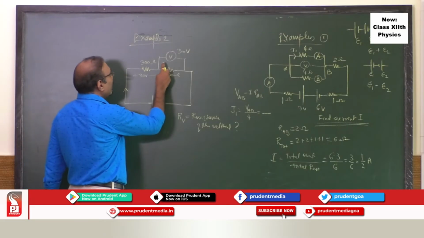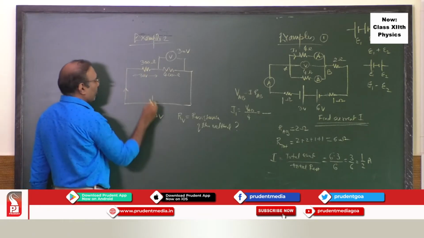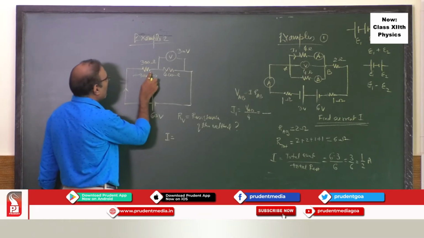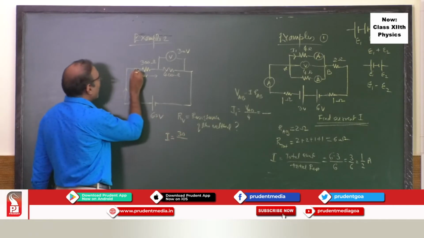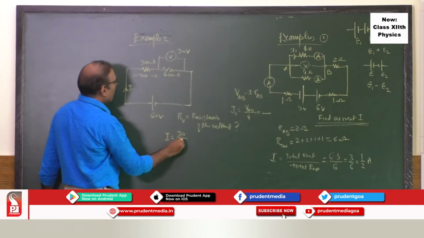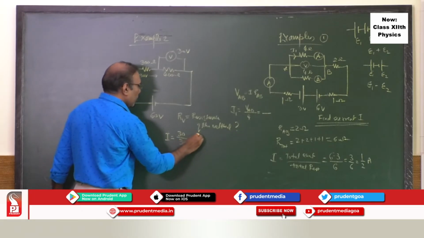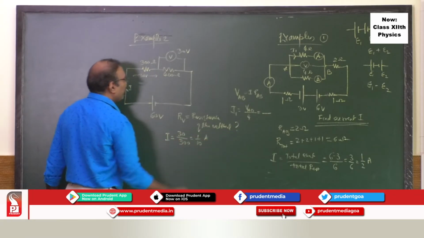Then you can find this main current. So current will be equal to potential drop across this, which is 30 volt, divided by 300. It will be 1 by 10 amps.